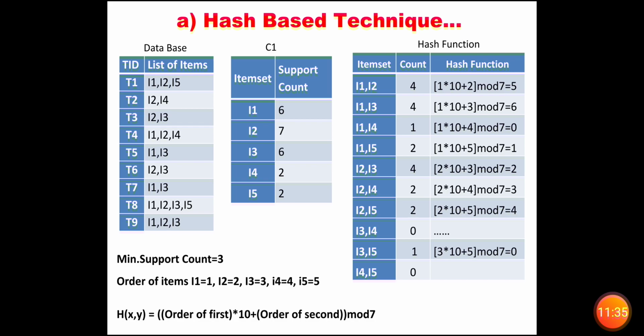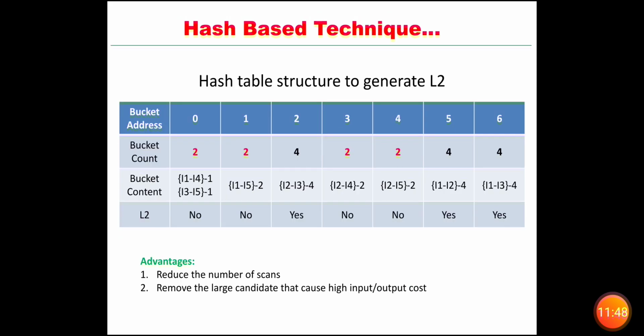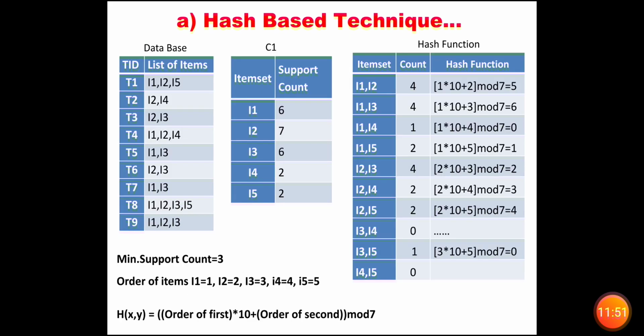So for bucket 0 the count will be 2. If you see the sum, it is 2. The same thing will be presented in the other table.